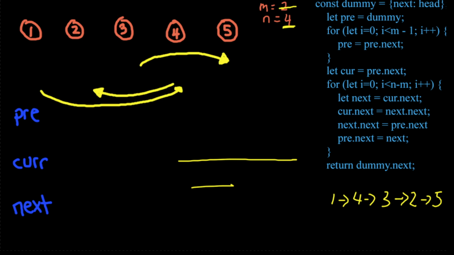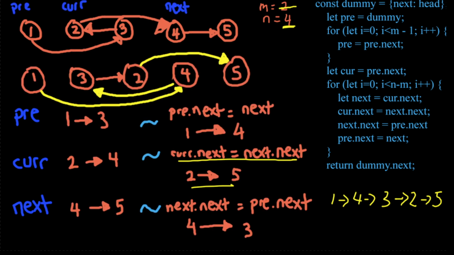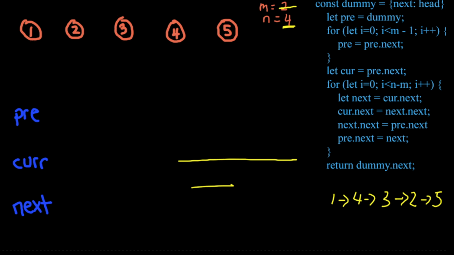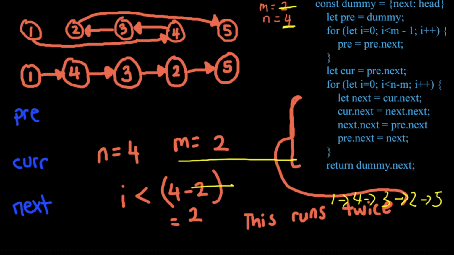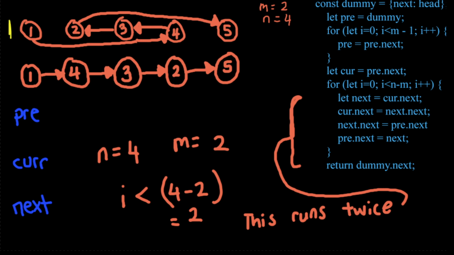Those are the new arrows that you have. And then if you look at what you have at the very end, if you leave everything in place, that's where you have the top one. If you move the nodes, that's what you see at the bottom. Because 1 points to 4, and then 4 itself goes backwards. And then 2 points to whatever 4 had.